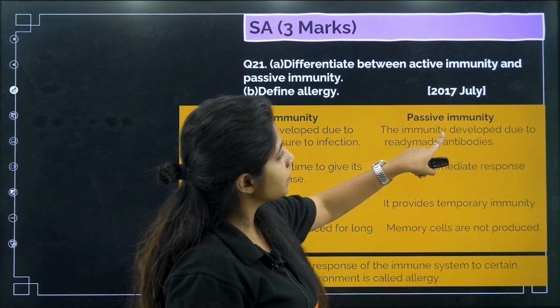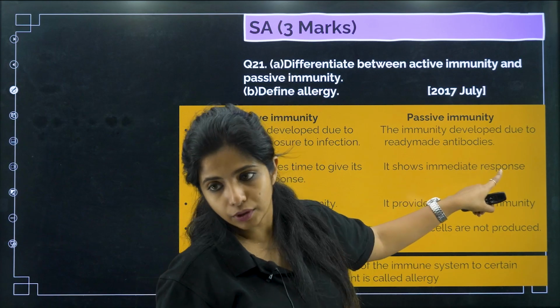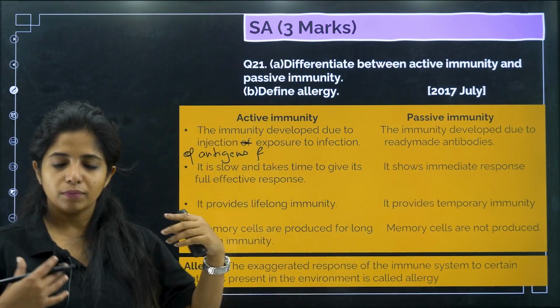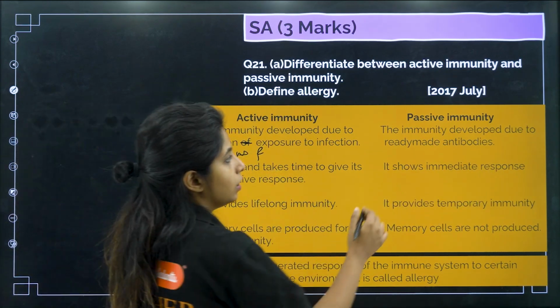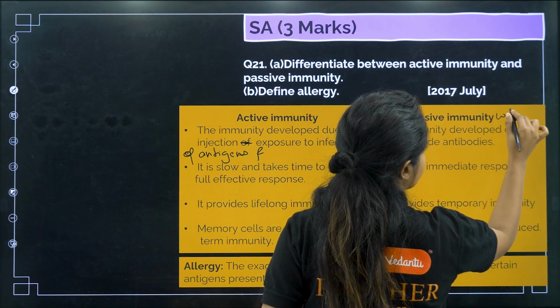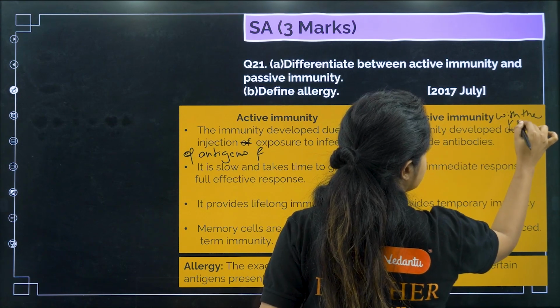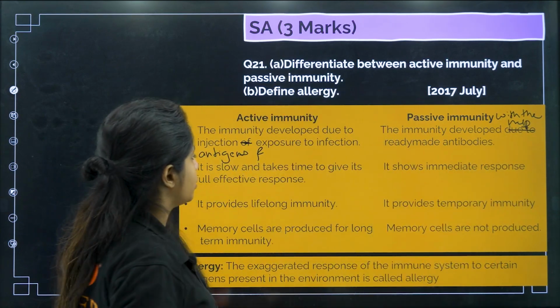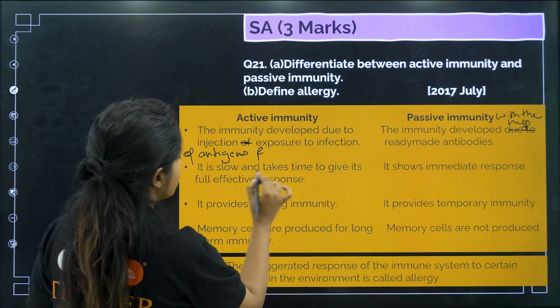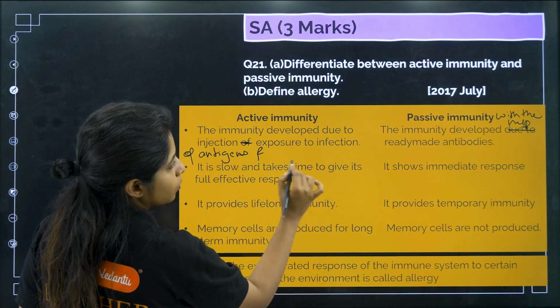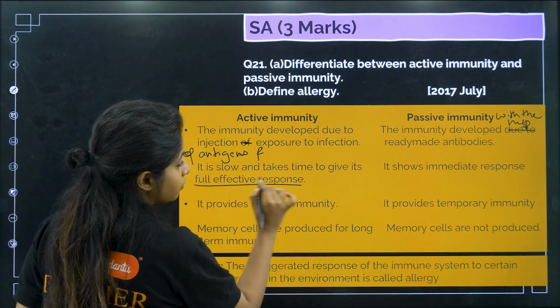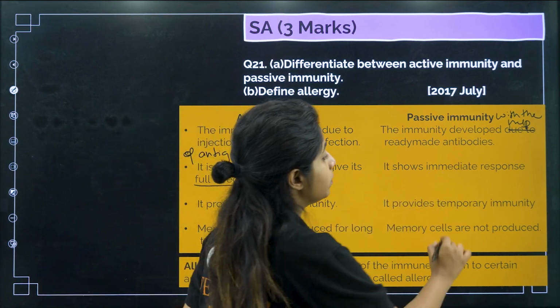Now passive immunity develops with the help of ready-made antibodies. Active immunity is slow and takes time to give its full effective response, whereas passive immunity shows an immediate response.